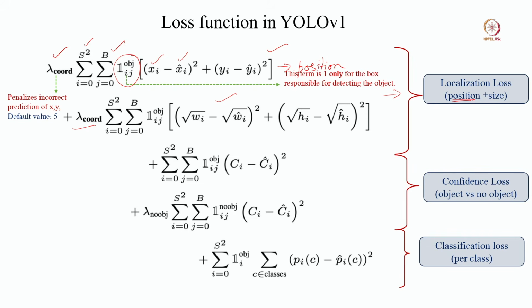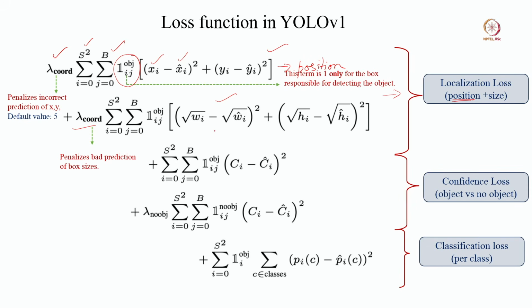For the background boxes where there is no object, this term becomes 0, so we are not bothered about the loss coming from there. But if there is an object, for which this term becomes 1, then we will calculate the loss from that bounding box.